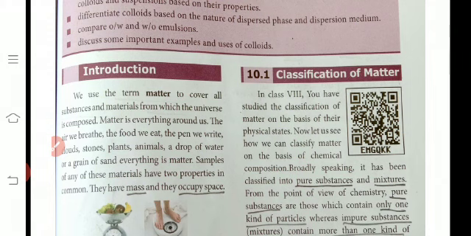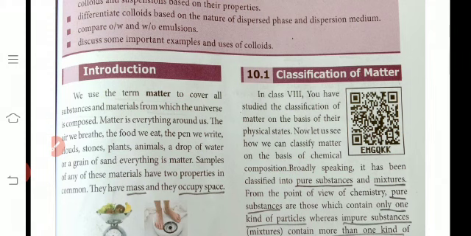What is the mass? 1 kg. That is called mass. So matter has mass. Then it occupies space. That 1 kg of tomato rice occupies space. That place is called space. So all materials have mass and they occupy space. These are the two properties.